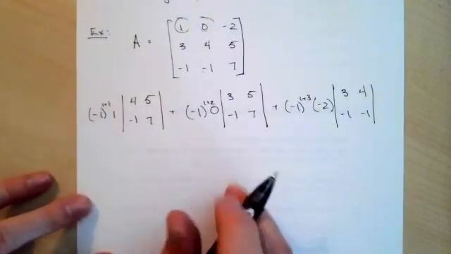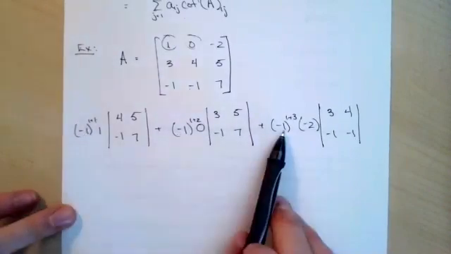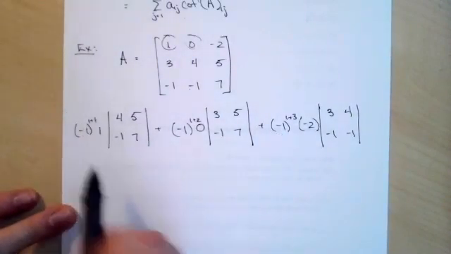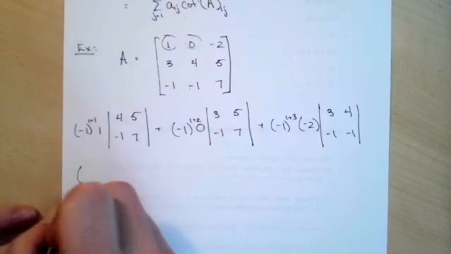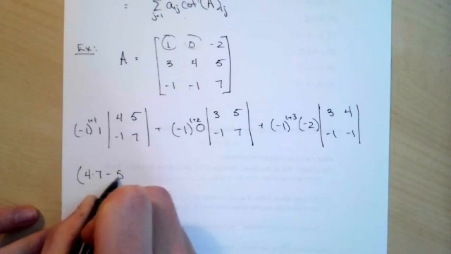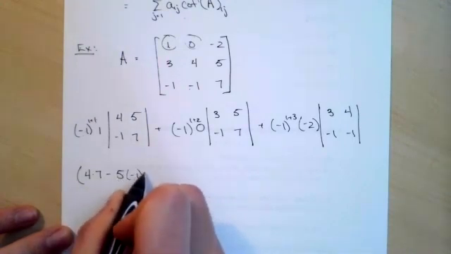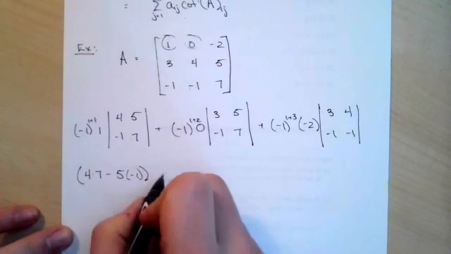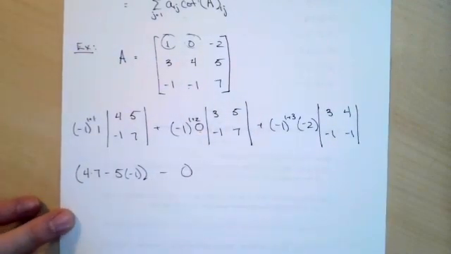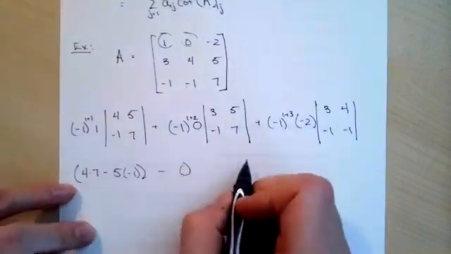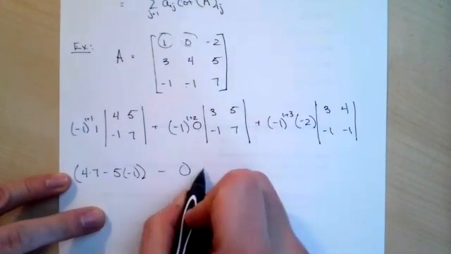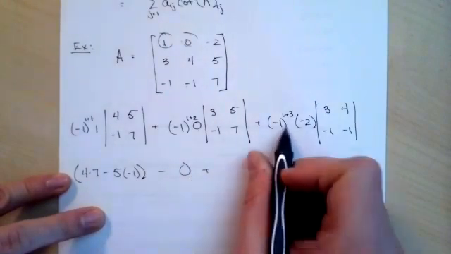Nicely enough, the minus signs are always going to alternate. So if you start at 1, 1, negative 1 squared is going to be 1. So we're just going to have 4 times 7 minus 5 times minus 1. This one will be a negative, but it'll be 0 since it's 0 times something. Always nice when we have zeros in a row or a column for determinants. And then we're going to have a plus.